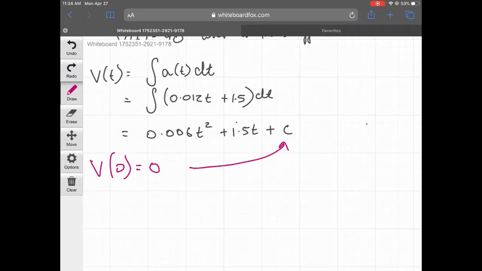Basically, what the constant of integration is here is the initial velocity, right? If there was an initial velocity, that would be that constant of integration, because I'm finding an expression for velocity. That's easy to show, right? The constant is 0 if t is 0, because plugging in t just gets you 0.